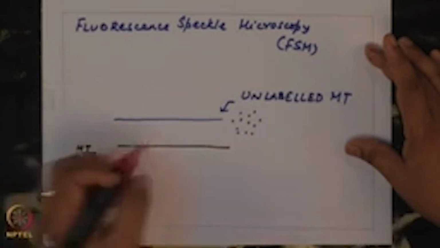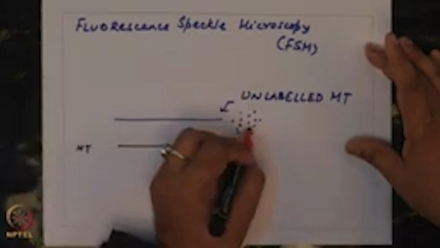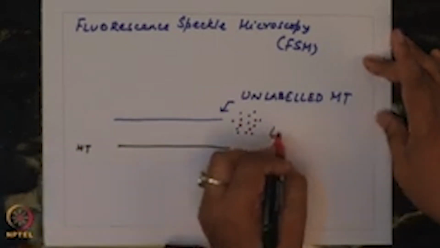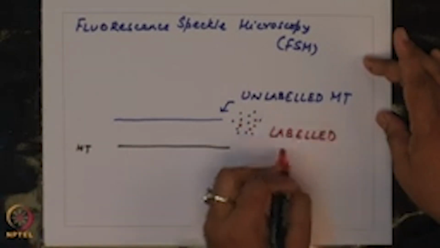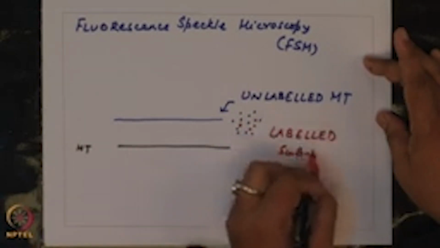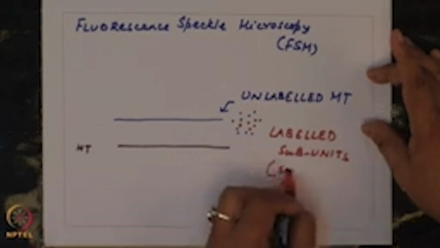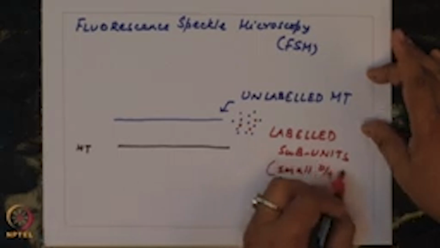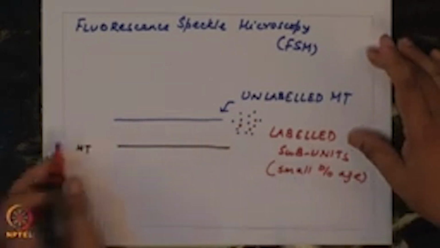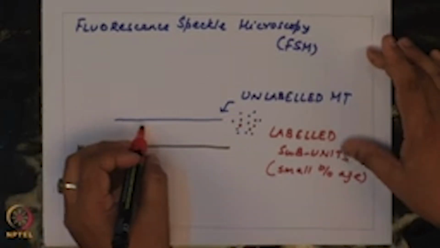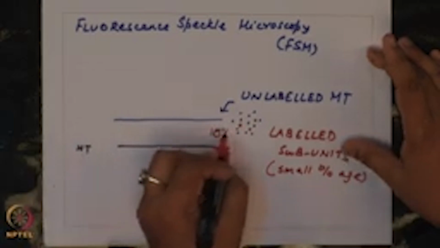Within this mix of unlabeled subunits, you add some labeled subunits. This is a small percentage. Let us say the percentage of labeling was 10%.